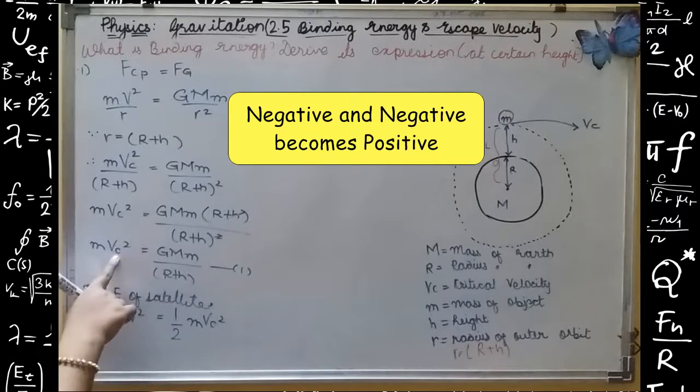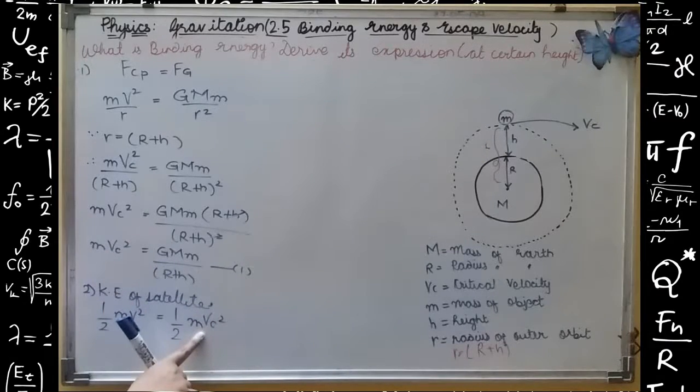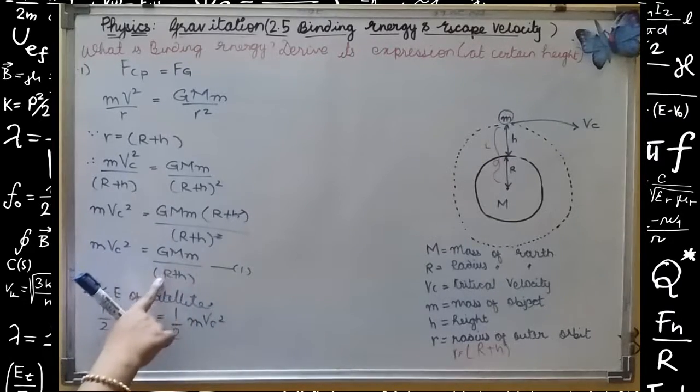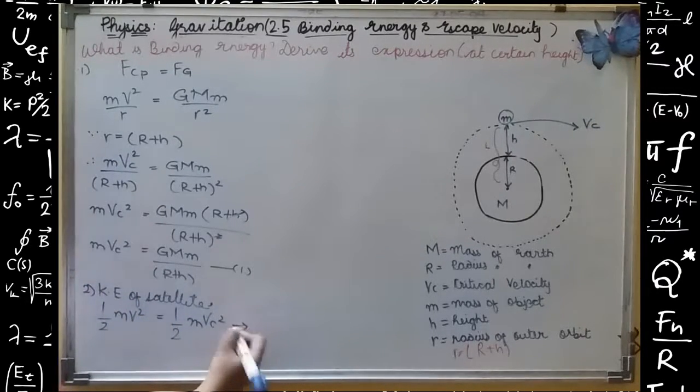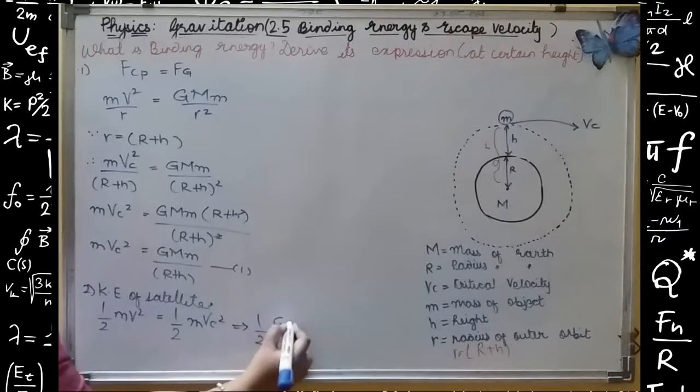From equation number 1 we know that mvc square is nothing but GMm upon r plus h, so we will substitute it here. Half will remain as it is, then GMm upon r plus h. You can write down the reason from equation number 1.